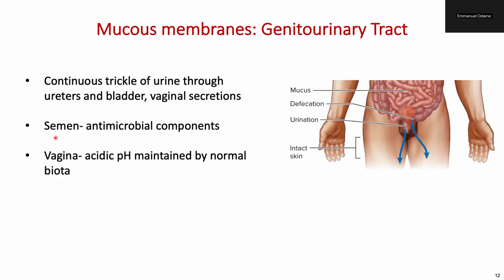And also in females, because of the acidic nature of your genitalia, it prevents the growth of microbes down there. The place is super acidic, preventing the normal growth of bacteria.